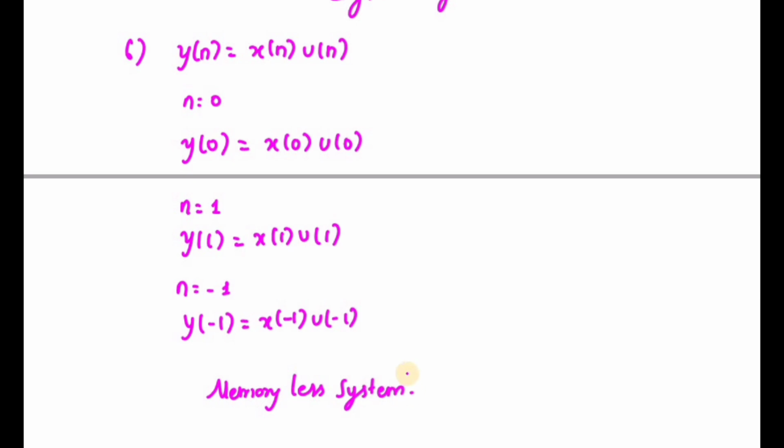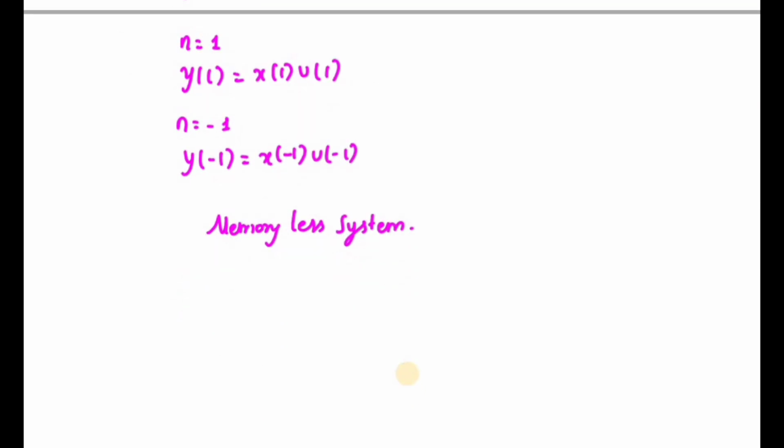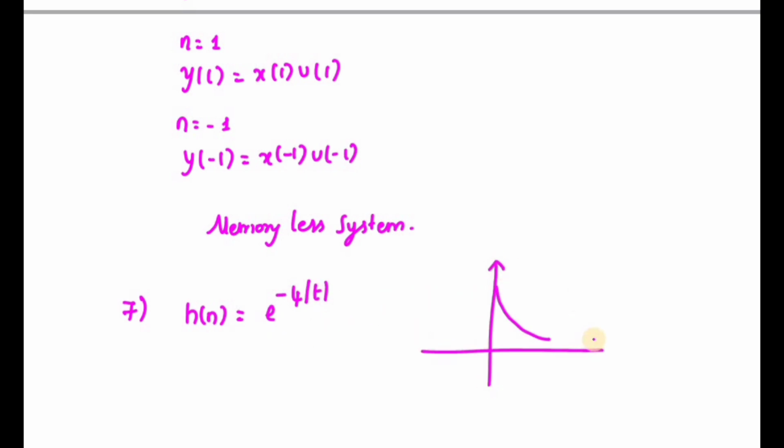Seventh problem, h of t is equal to e power minus 4 modulus of t. If t is positive, you will get e power minus 4t, which is an exponentially decreasing function. For t from minus infinity to 0, it is e power 4t, which is an exponentially increasing function.